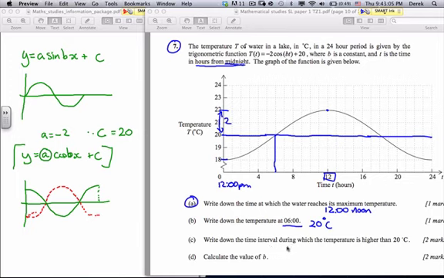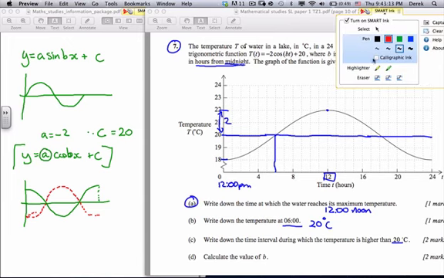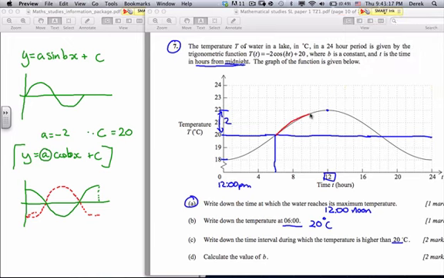Write down the time interval during which the temperature is higher than 20 degrees. So it's going to be higher than 20 degrees from here, from there, this red bit over here. Now we see that takes place from 6 a.m. up to 18.